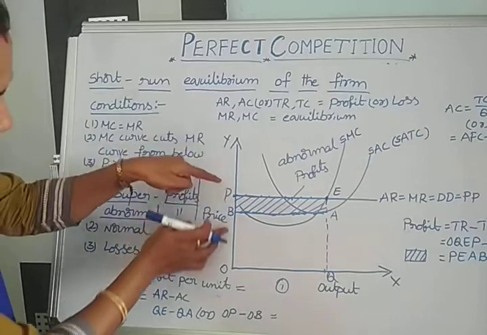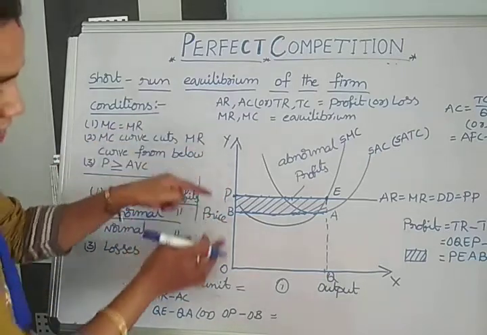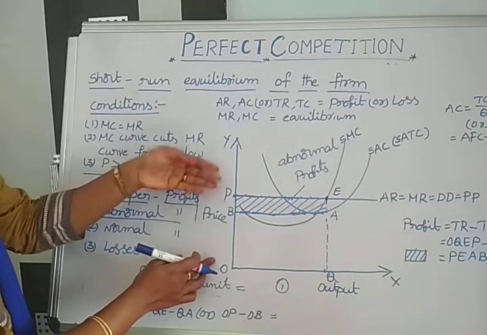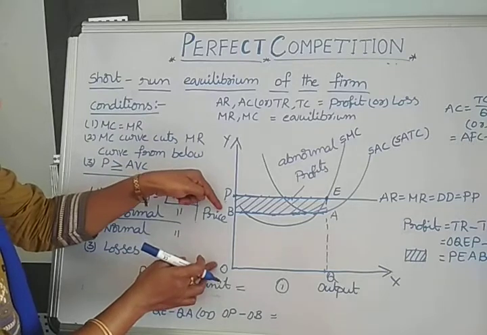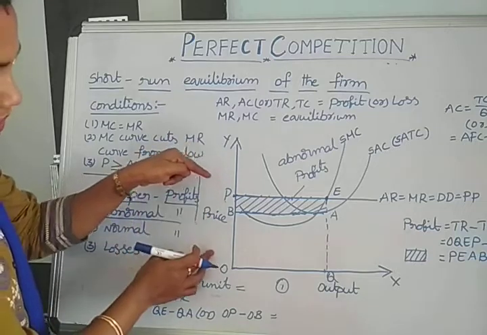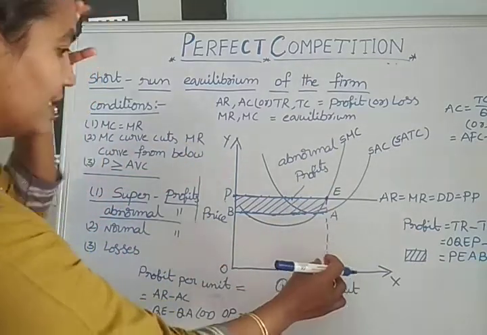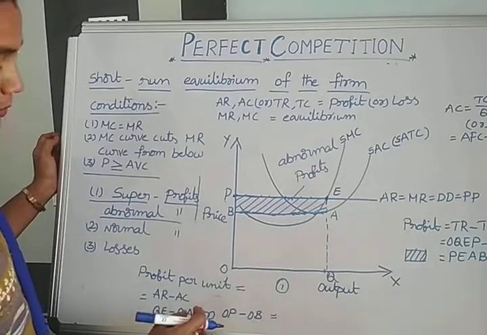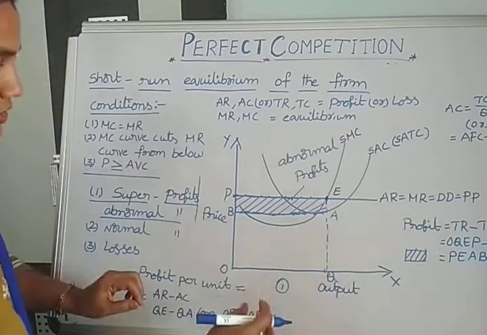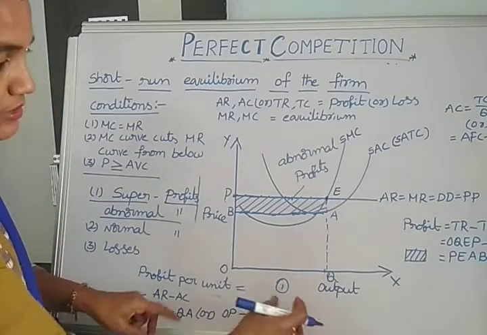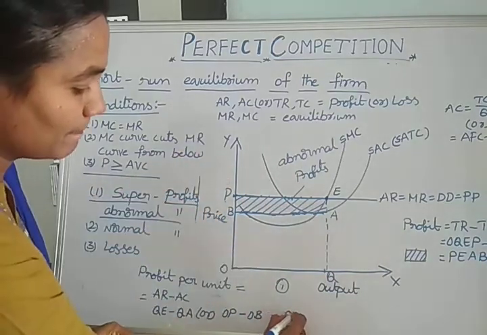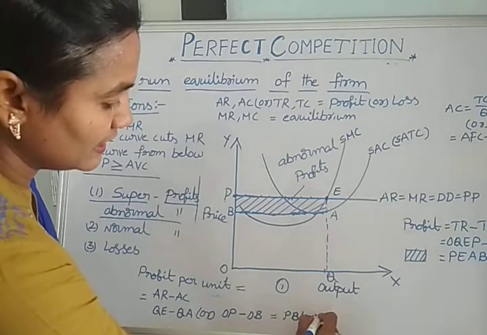Seeing this axis, we can find how much revenue they are getting, meaning the price they fixed, which we call revenue. And how much cost they spend for producing one good. Or directly on the basis of the equilibrium line, we can find the revenue per unit of output and cost per unit of output, and how much profit or loss they get by producing one unit of output. Here they are getting profit of PB level or EA level.